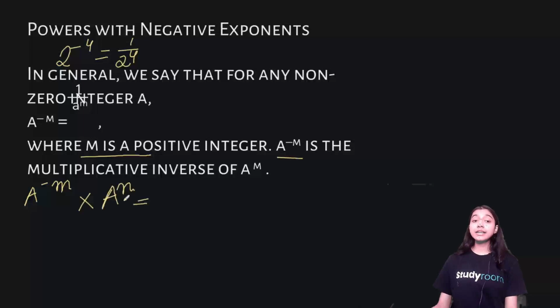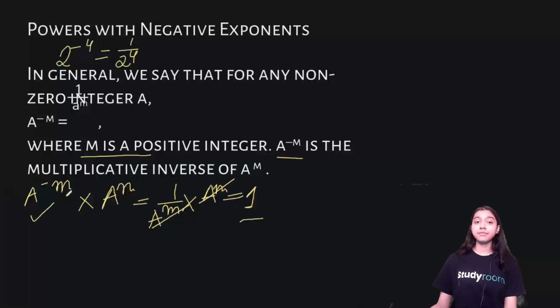We have studied that a to the power minus m is nothing but 1 by a to the power of m. When it is multiplied with a to the power m, this gets cancelled off and ultimately we are left with 1. We know that the multiplicative inverse of a number when multiplied with that number gives 1. So from here we can conclude that a to the power minus m is actually the multiplicative inverse of a to the power of m.